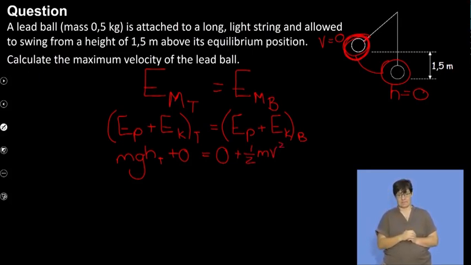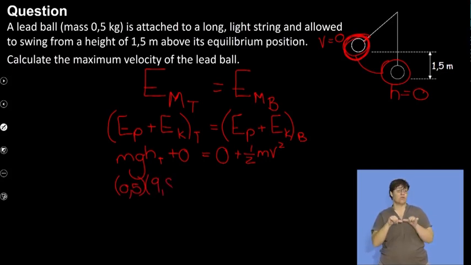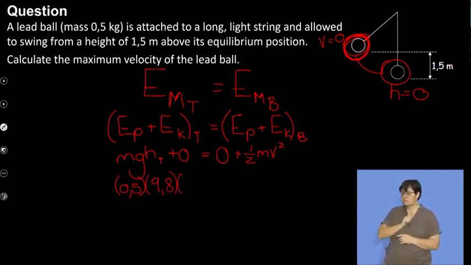We've done most of the science now. Let's put in what values we know. The mass is 0.5. Gravity is a constant at 9.8. And they told me the height was 1.5.